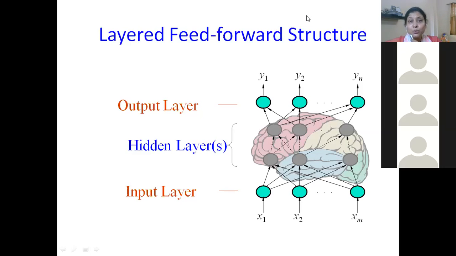So this is what artificial neural network is all about, and it has a similarity to our own neuronal structure.